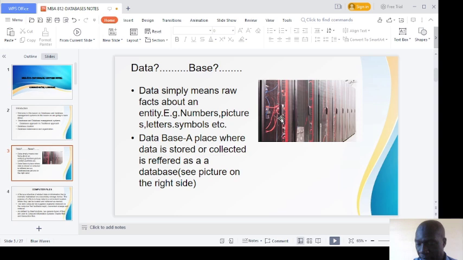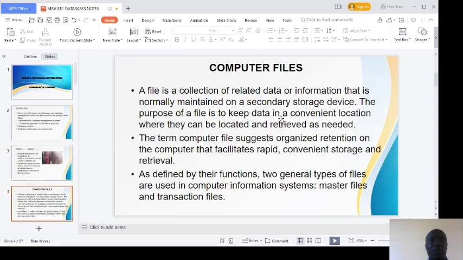Therefore, now let's move on to computer files. What do you mean by this term, computer files? Now, a file basically is a collection of related data or information that is maintained on a secondary storage device. This is the meaning of a computer file.